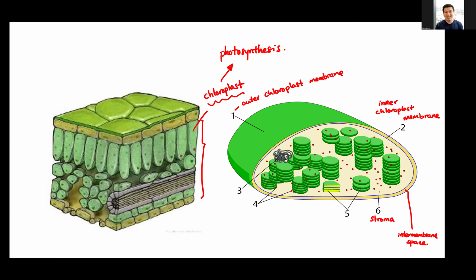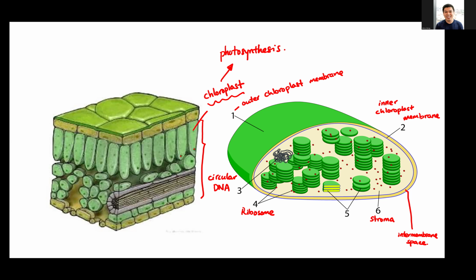Within this stroma, many things are floating. We learn about the DNA that is circular in the chloroplast because of endosymbiont theory. There are also its own unique ribosomes floating inside the chloroplast that can utilize the DNA inside the chloroplast to make protein.